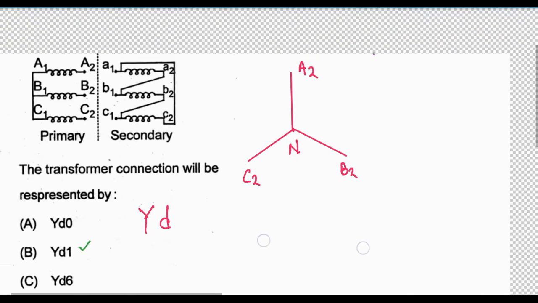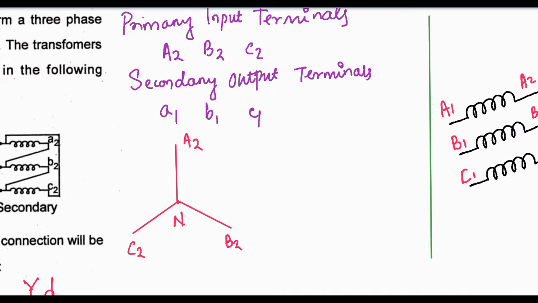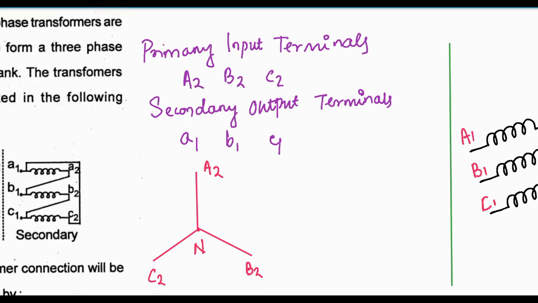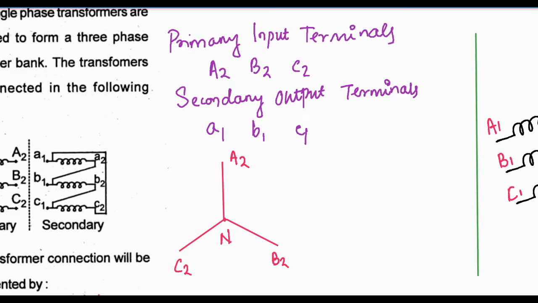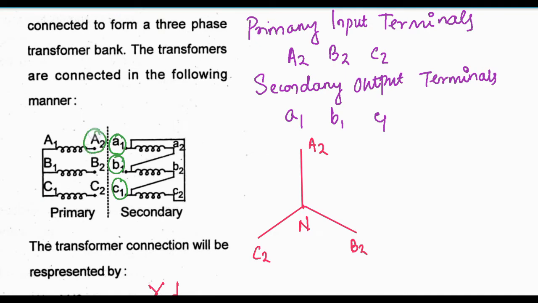So I will draw here the draw for the secondary one. For secondary one, here the terminals are A1, B1 and C1, and for primary capital A2, capital B2 and capital C2, and always the phase sequence is ABC, not ACB. Always here positive sequence. If nothing is given about the phase sequence, then phase sequence always will be the positive phase sequence.